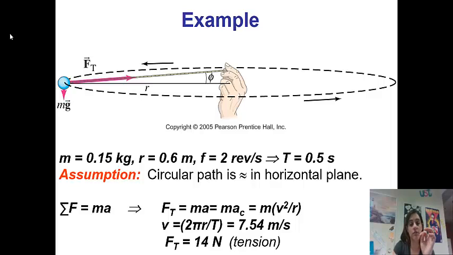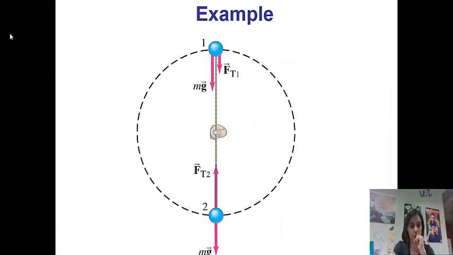In this case, it's the tension force, and a is centripetal acceleration, so m times v squared over r. Plug in our r and our T values to find v, and then we can find that we have a tension of 14 newtons.